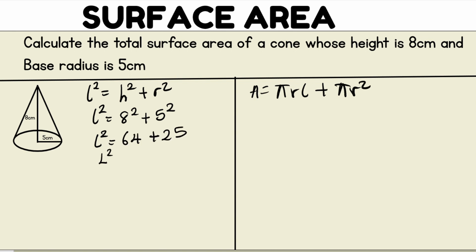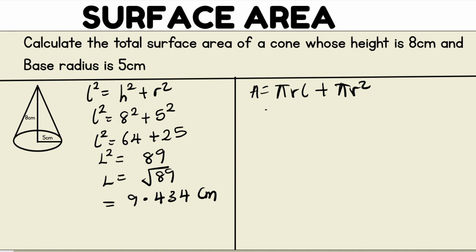L square will be 89. So therefore L is the square root of 89, and that gave us 9.434 cm. We have gotten our slant height, which we need to find the total surface area of this cone.